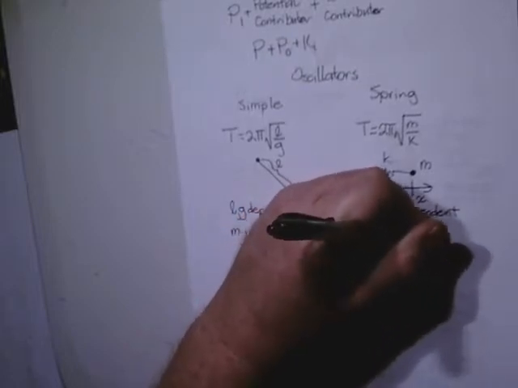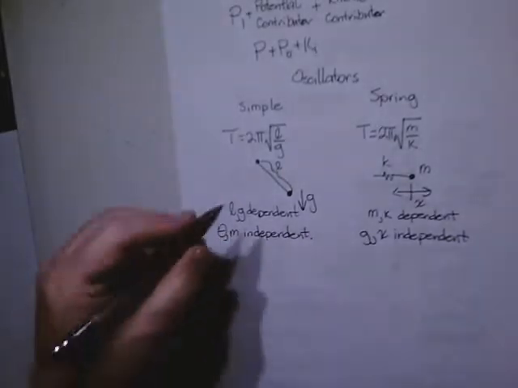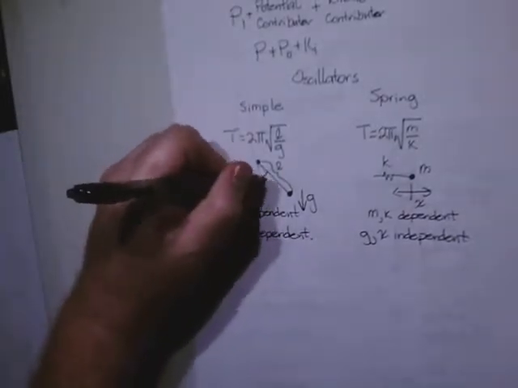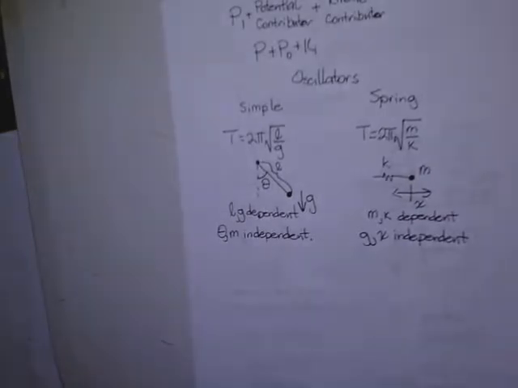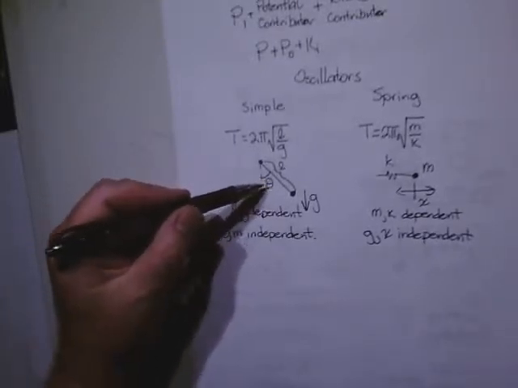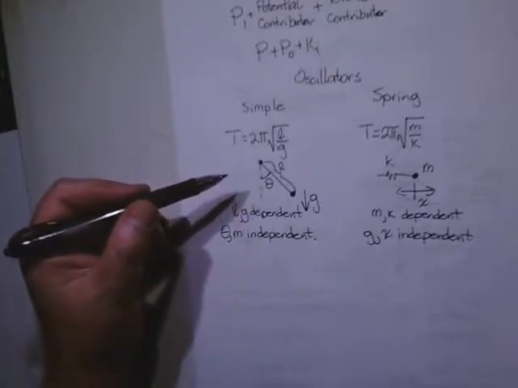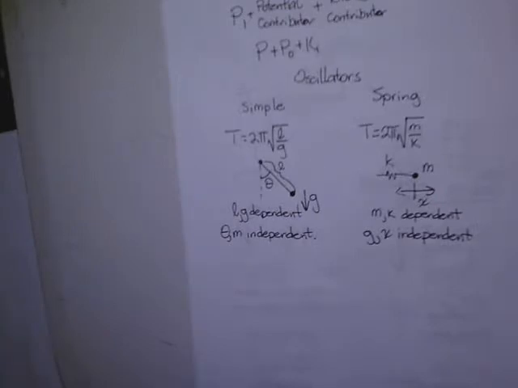And the other thing that I want to show is that it is theta independent. So no matter what angle you start this thing out, it will not change the period of the pendulum. If it's a spring pendulum, gravity will not change the period.